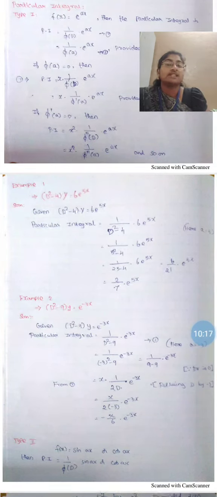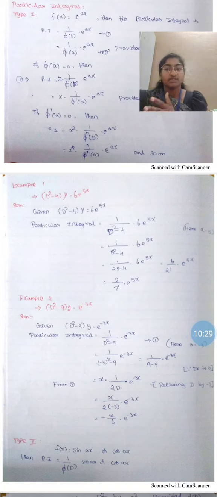Here we are going to see the particular integral. Before, we found the auxiliary equation for the complementary function, but here we are going to use the particular integral. So keep y as it is on the left hand side, bring the D square minus 4 to the other side. So it will become division: 1 divided by D square minus 4 into e power 5x.